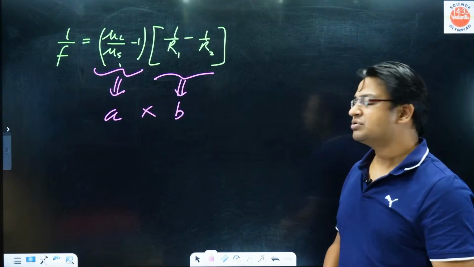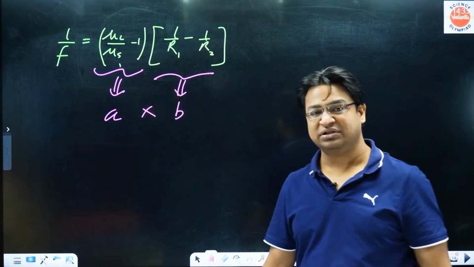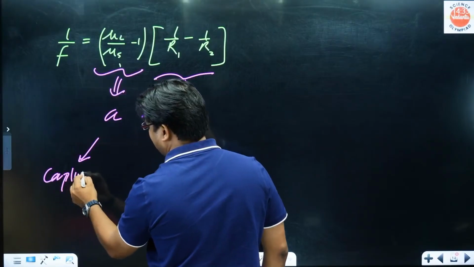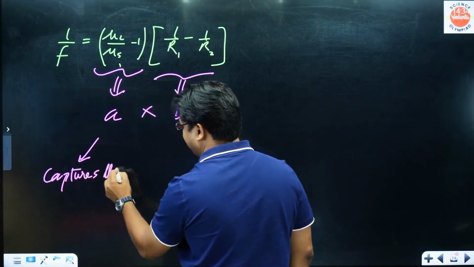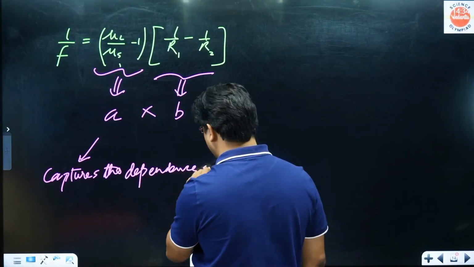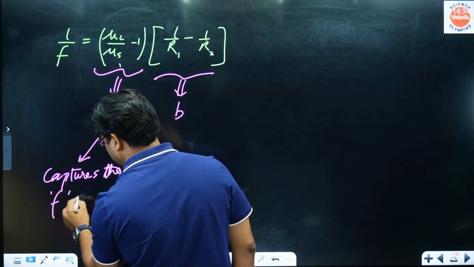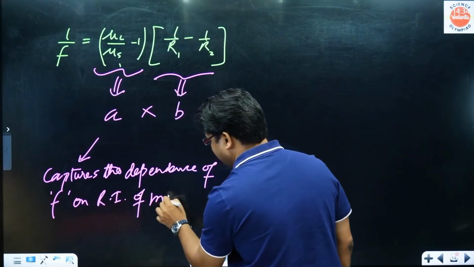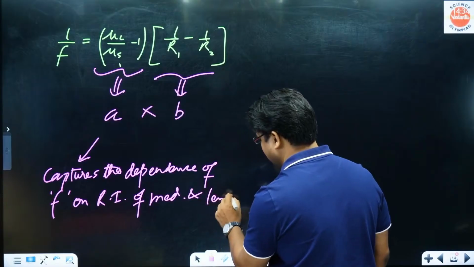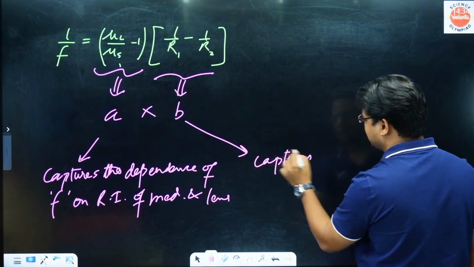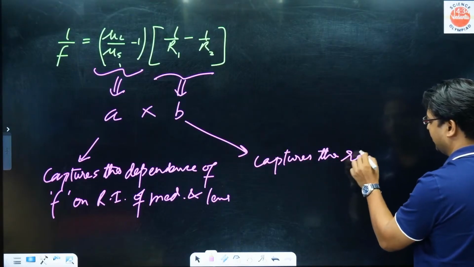Now A depends on the materials of the lens and the surrounding. This A captures the dependence of focal length on refractive index of medium and lens, and B captures the role of geometry. Are you getting it or not?